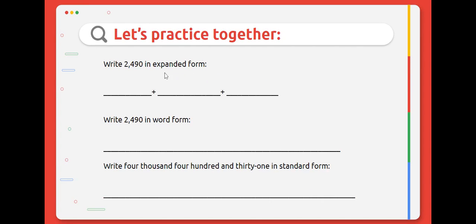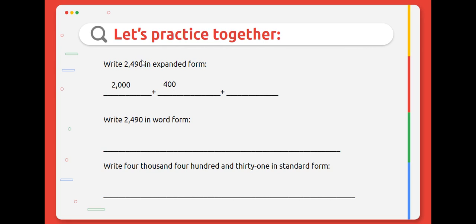All right, let's practice this. Okay, so here we have 2,490. First and foremost, I'm going to take the 2 first. And I know that the 2 is in the thousands place. So I'm going to put 2, and notice how many numbers behind it. There are 3, so it should look like this, 3 zeros behind it. Then I'm going to go to the next place, which is the 4, and I'm going to write 400.